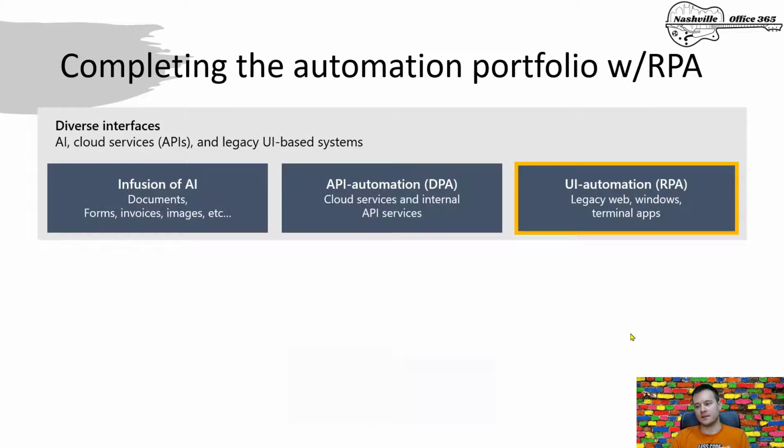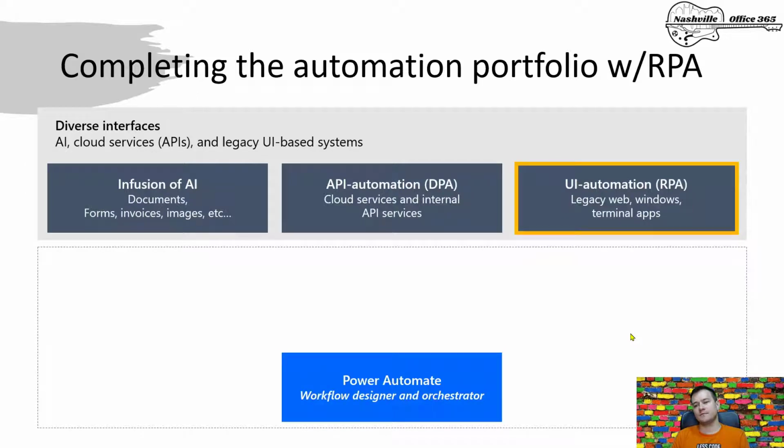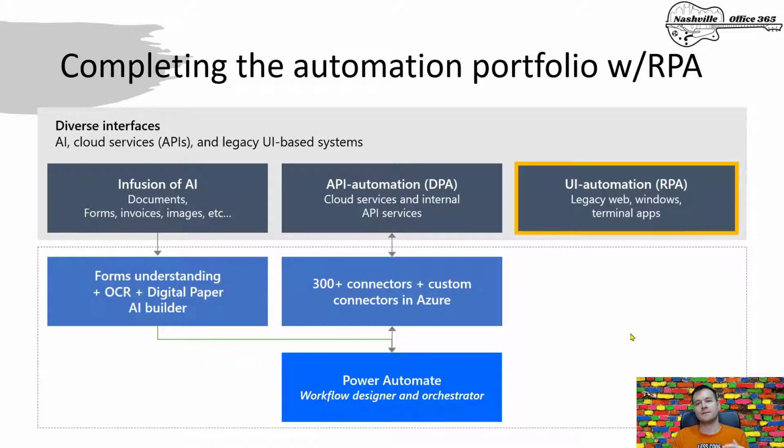So the Power Automate that we know today, or maybe as it was a couple of months ago, was helping us to automate all these systems that had their APIs, that had their connectors, that had their digital interfaces, or API interfaces. And it was enhanced last year with AI that helped the processes to go into documents, objects, images.